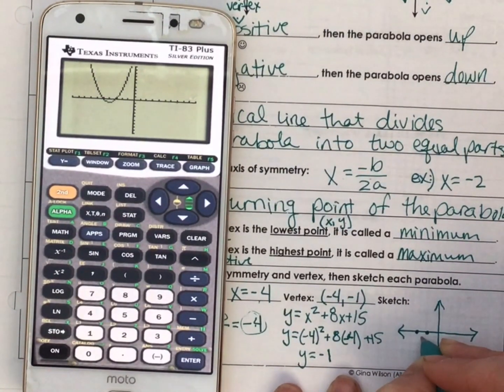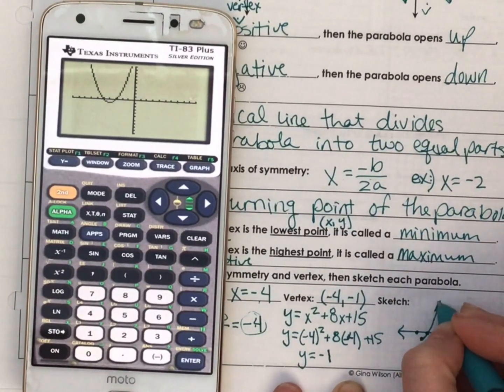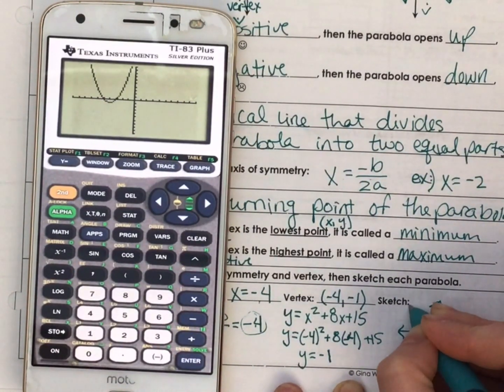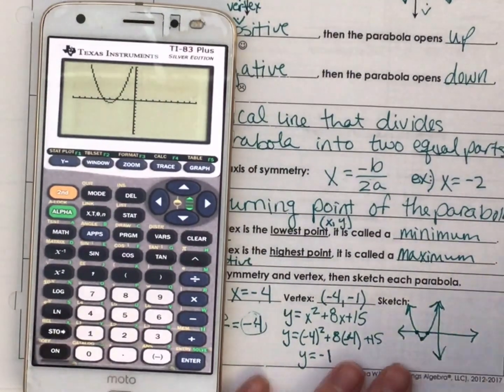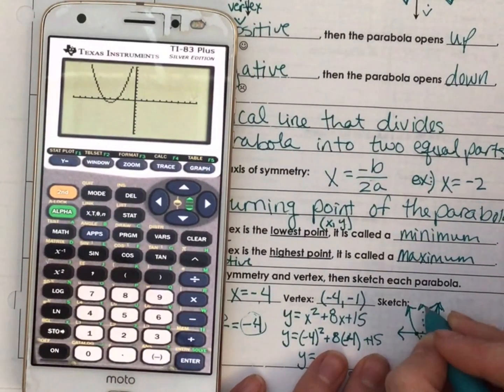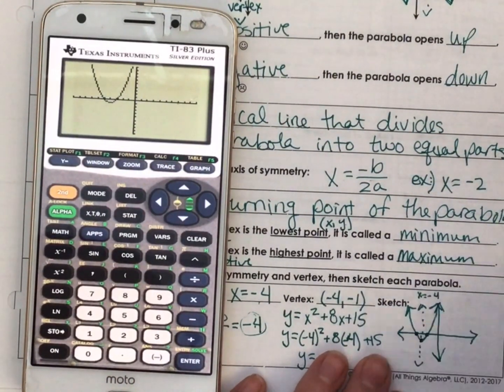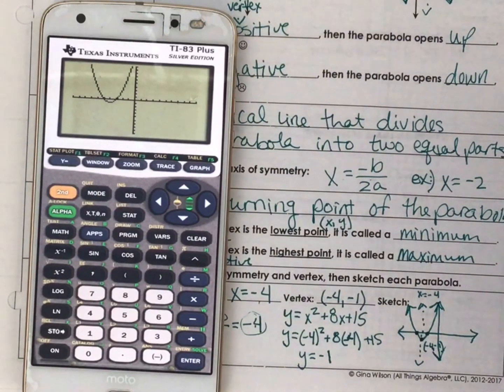Our vertex is down here-ish, and it comes up this way. Again, this is just a sketch. It doesn't have to be perfect. But if you wanted to draw in your axis of symmetry and say that this is x equals negative 4, your vertex is the point negative 4, negative 1, things like that.